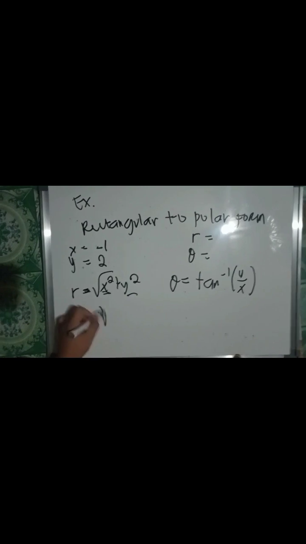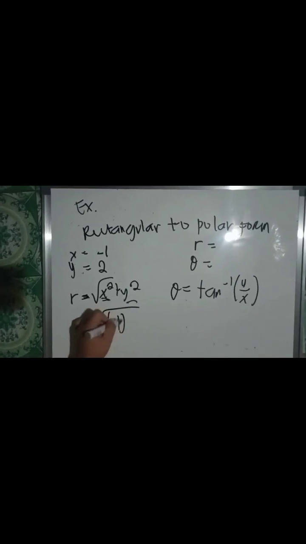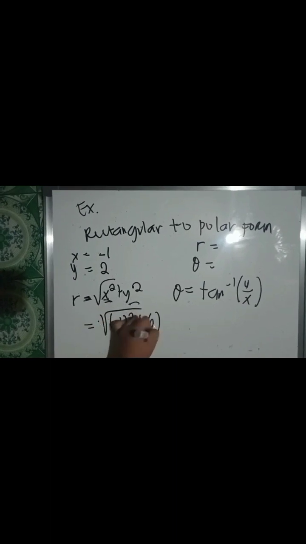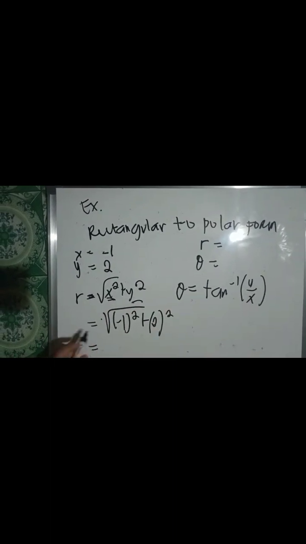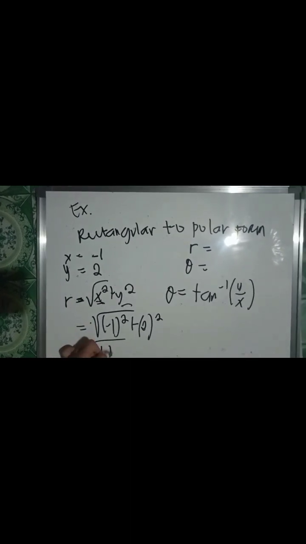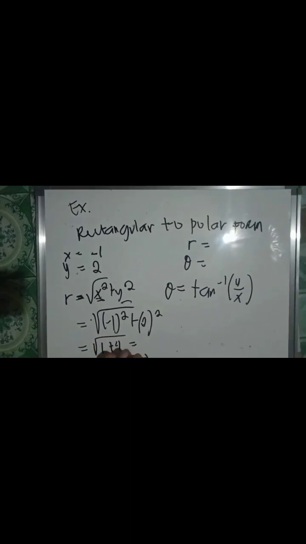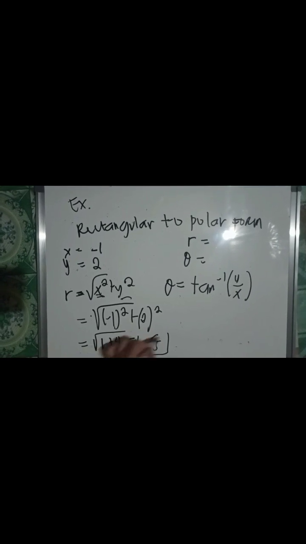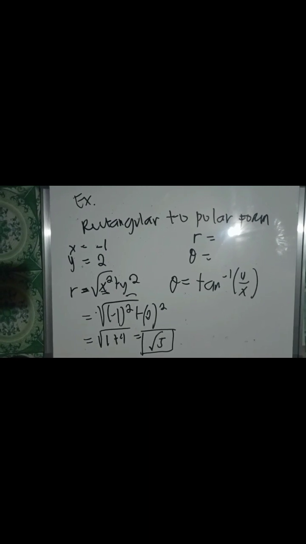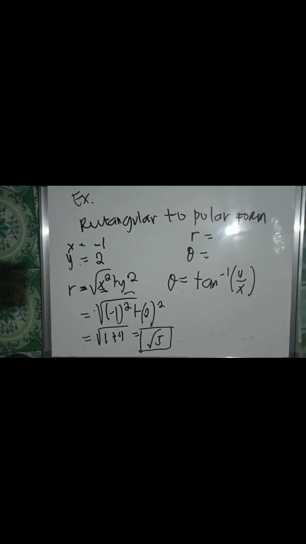Our x is -1 and our y is 2. And the result of our r is square root of 5.